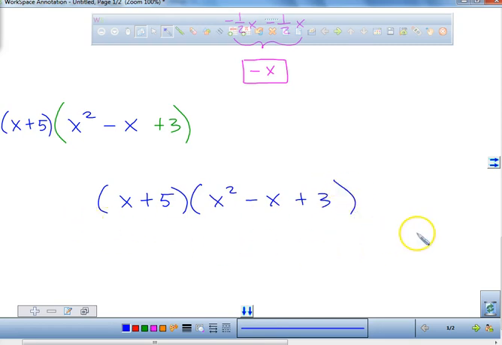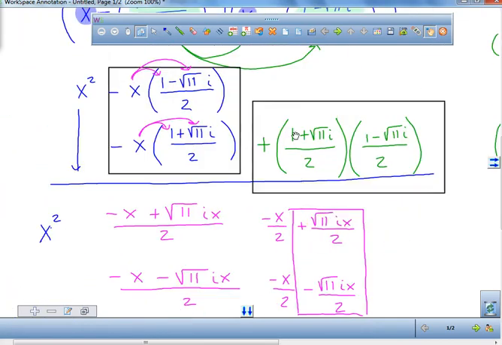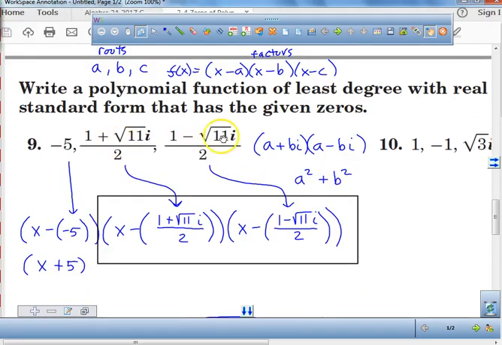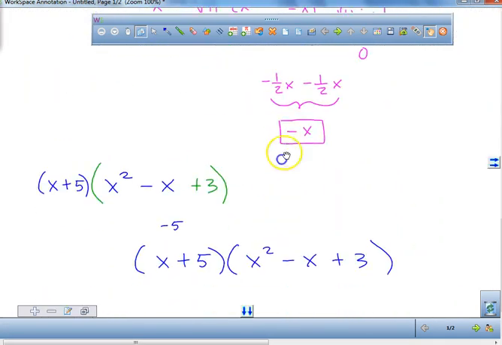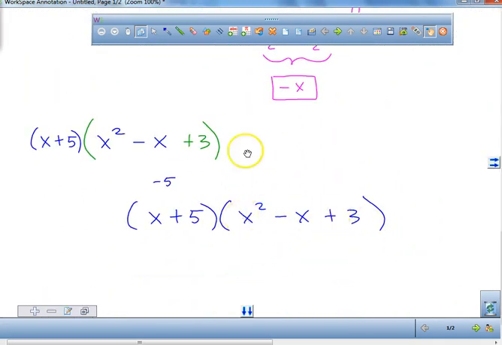So right now we'll write this out. Just remember, what was the root for this one? It was a negative 5. What were the roots to this one? The roots to this one were these right here. Those were the roots that got us this equation. Okay. Here we go.